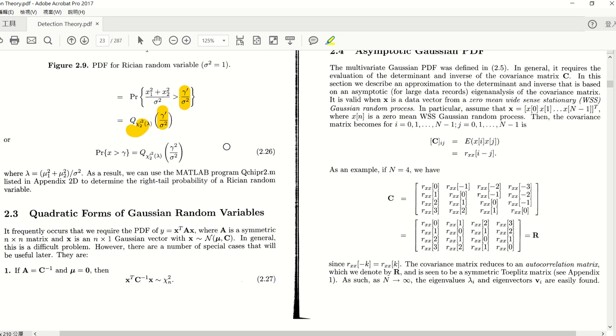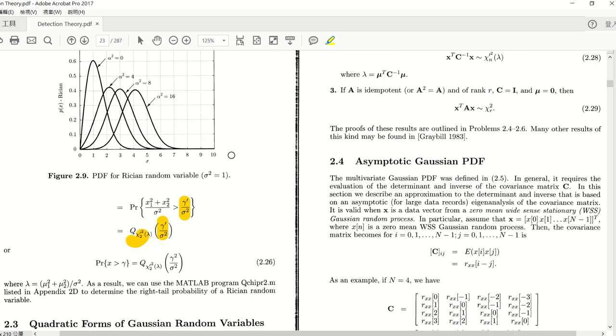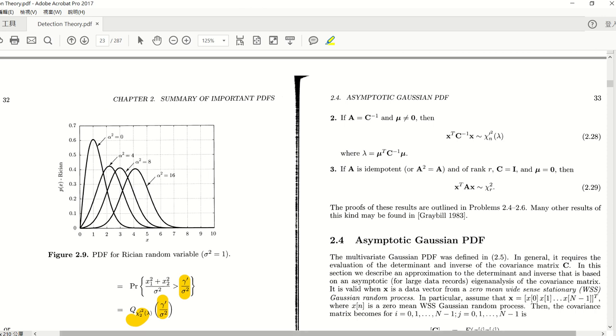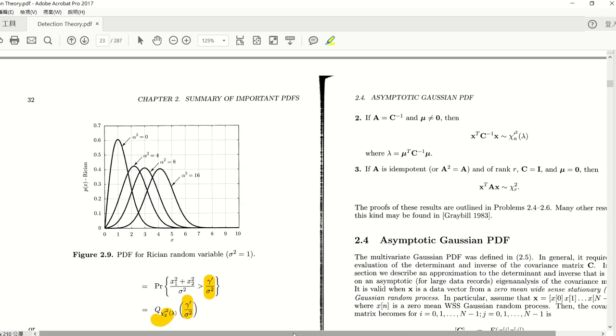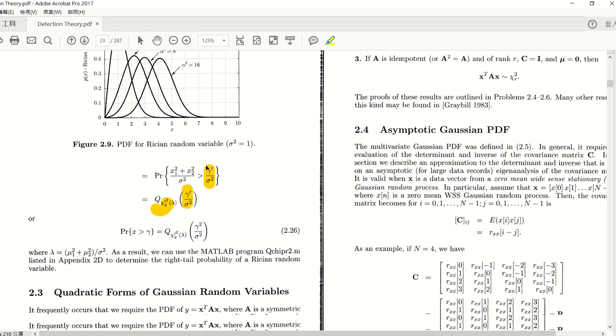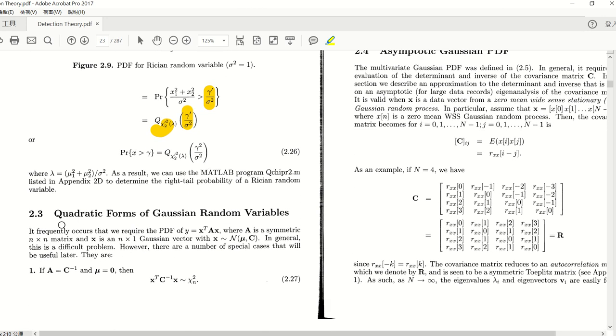Okay, now just to slow down a little bit so that people can follow. We're at page 32. Then we go to quadratic forms of Gaussian random variables.